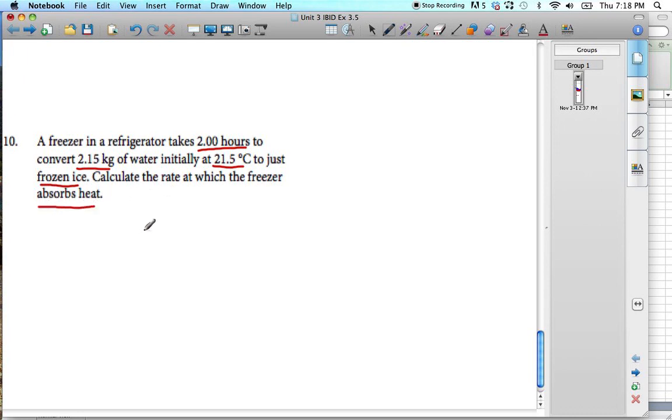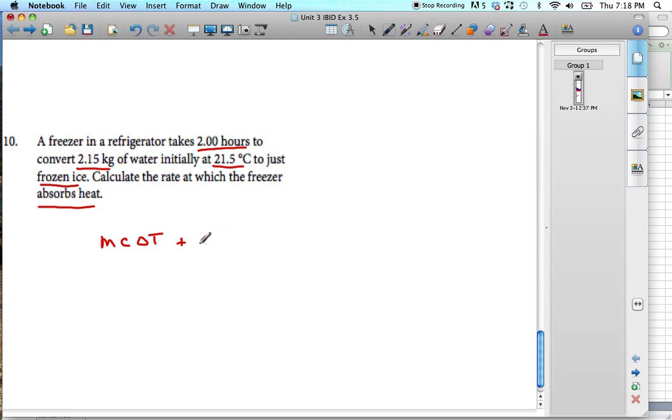So what's happening is that you're going to have the heat lost, or the heat liberated by the water as it drops down. It's going to be made up of two parts. You're firstly going to get, for the change of temperature, mc change in T, and then there's also going to be heat loss because of the change from liquid to ice.